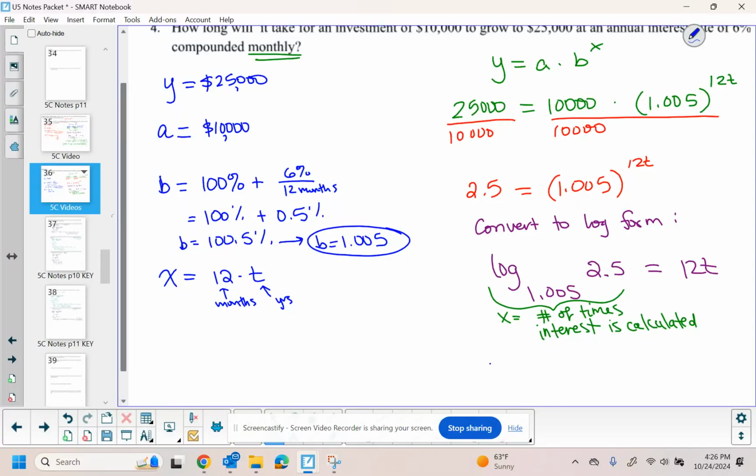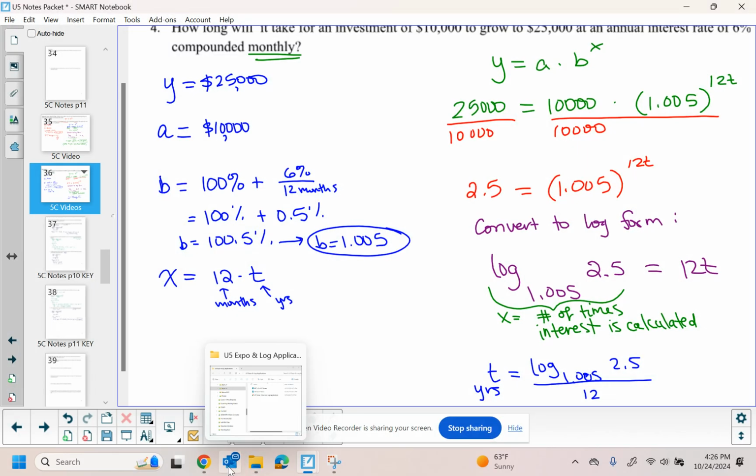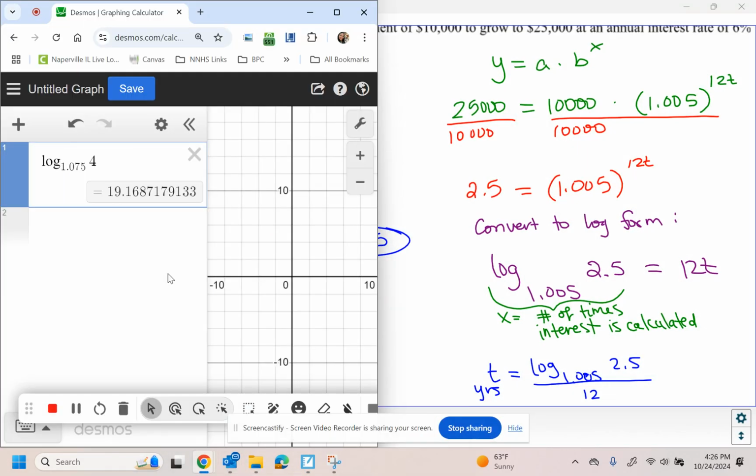So what I'd like to put into the calculator to get the time in years is log base 1.005 of 2.5, and then I'm going to divide it by 12 months, because that's how many times it happens every year. All right, so I have log base 1.005 of 2.5, and I'm going to do the whole thing divided by 12.